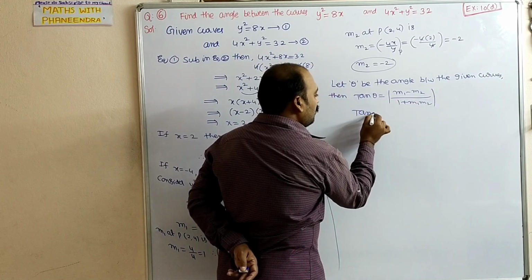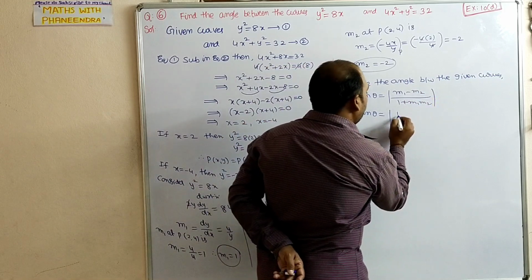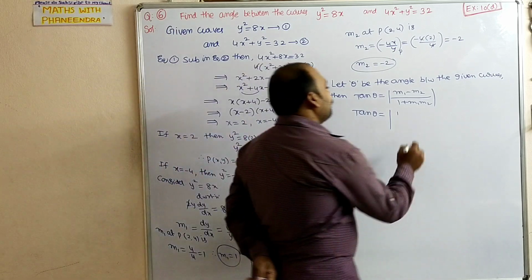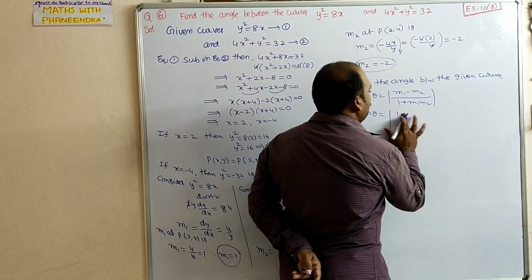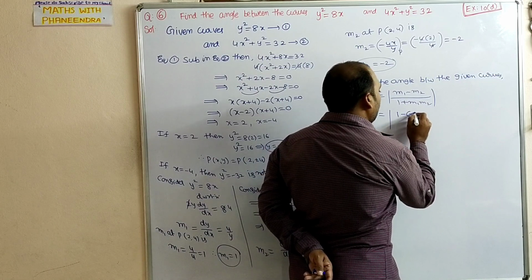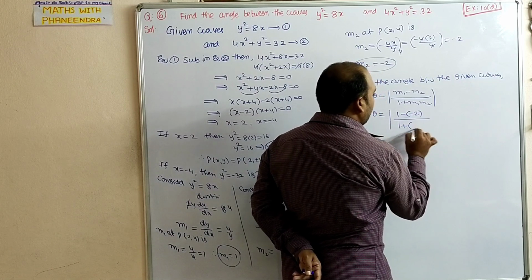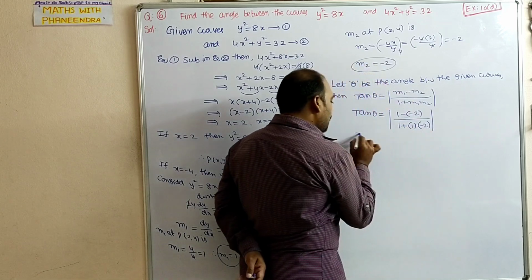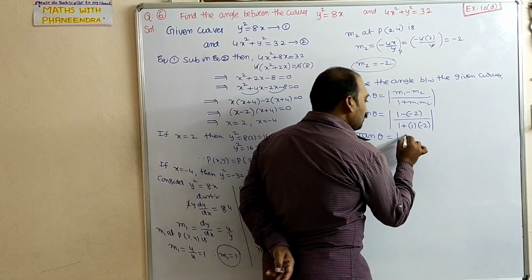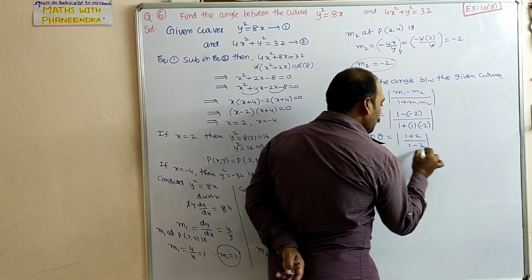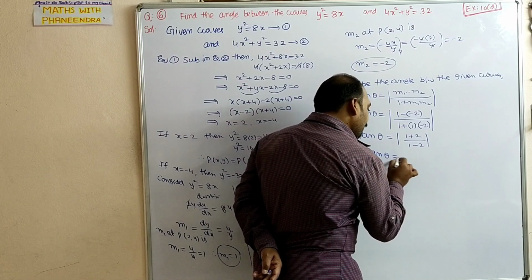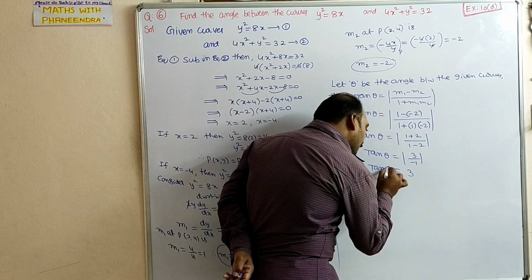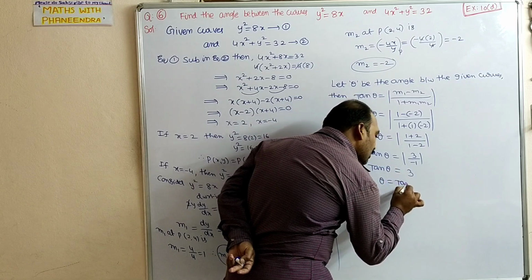So tan theta equal to 1 minus of minus 2 divided by 1 plus 1 times minus 2. So tan theta equal to 1 plus 2 divided by 1 minus 2, which is 3 by minus 1; within modulus it becomes plus. Tan theta equal to 3. Therefore theta equal to tan inverse of 3.